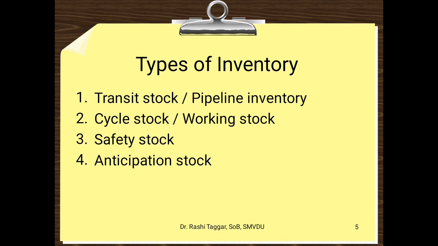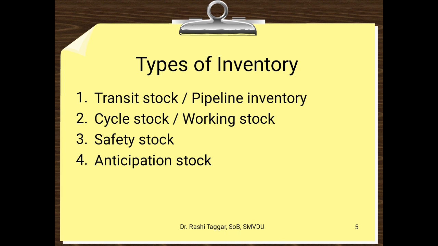On the basis of functions, we have these types of inventory. First is transit stock or pipeline inventory. Transit stock depends on the time to transport goods from one location to another.